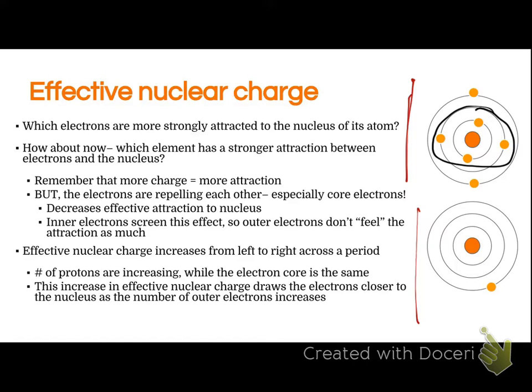But because these inner electrons are closer to the nucleus, they kind of screen everything from the outer electrons. So these outer electrons don't feel as much attraction to the nucleus as they would if those core electrons were not there. So what that means is these outer electrons are allowed to slide away a little bit.